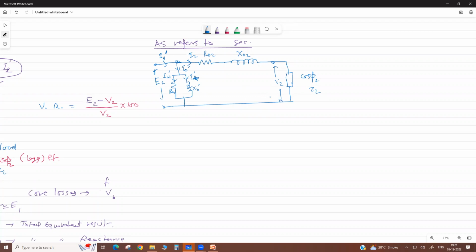Now these are the total resistance and total reactance. The voltage here is E2 and here it is V2, so there is a drop in this impedance due to the current I2, suppose it is lagging.